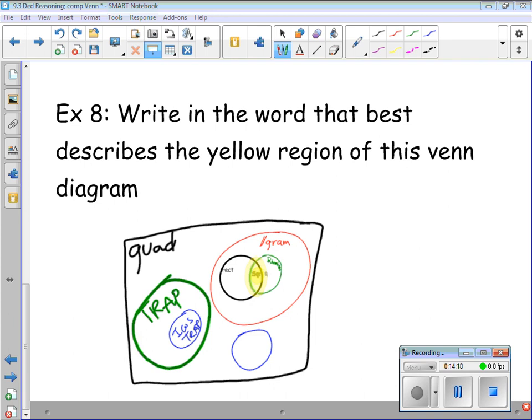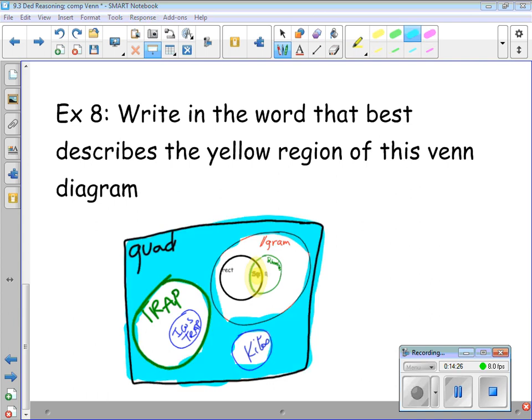If you got kites, excellent job. And so all the area outside these circles, all that light blue area there, would be all the quadrilaterals, all the four-sided figures that are not trapezoids, not parallelograms, and not kites.